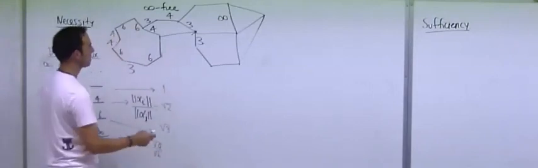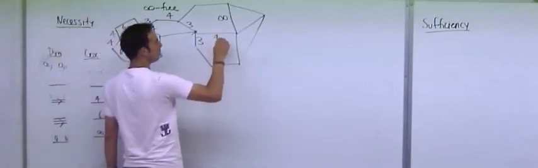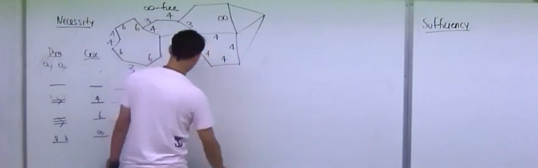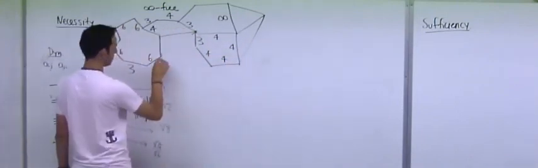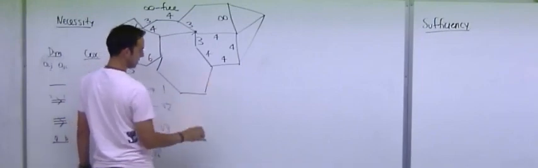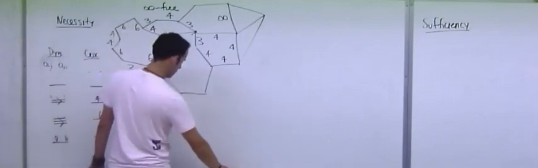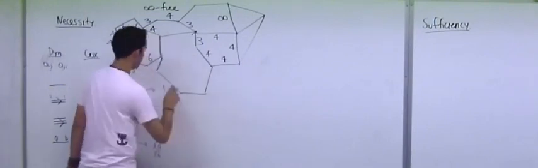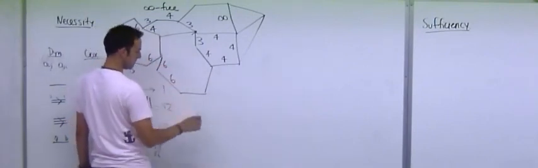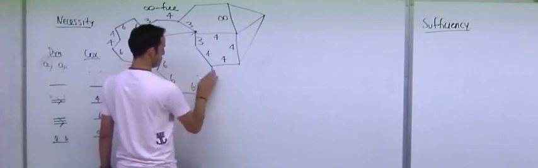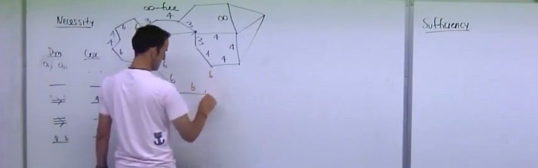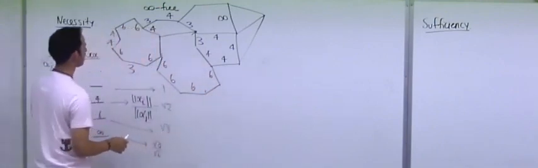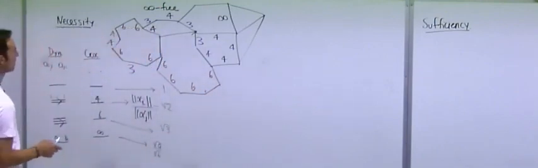And maybe here we have 4, 4, 4, 4. And maybe here we have some 6, 6, 6, 6, and let me call this a 3. Does that look good?